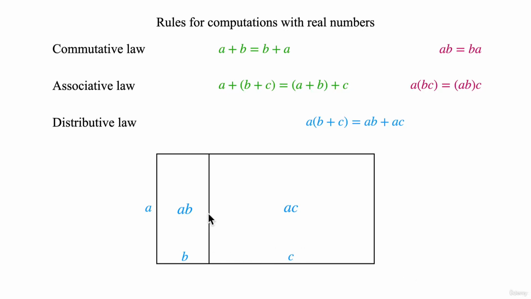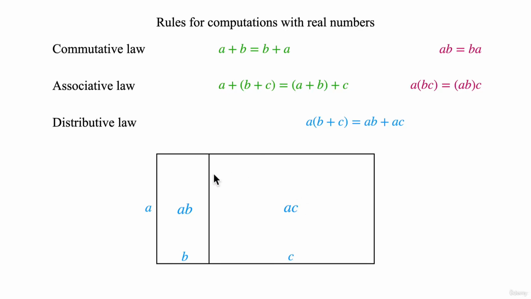But you can split this rectangle into two rectangles. One of them has size A by B and the second one A by C. The area of the first one is A times B and the area of the second one is A times C. So the total sum of the areas of these two rectangles is AB plus AC.